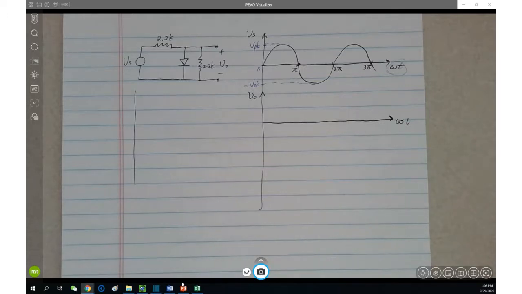And then what do we do? After knowing when it is on and when it is off, how do we proceed?